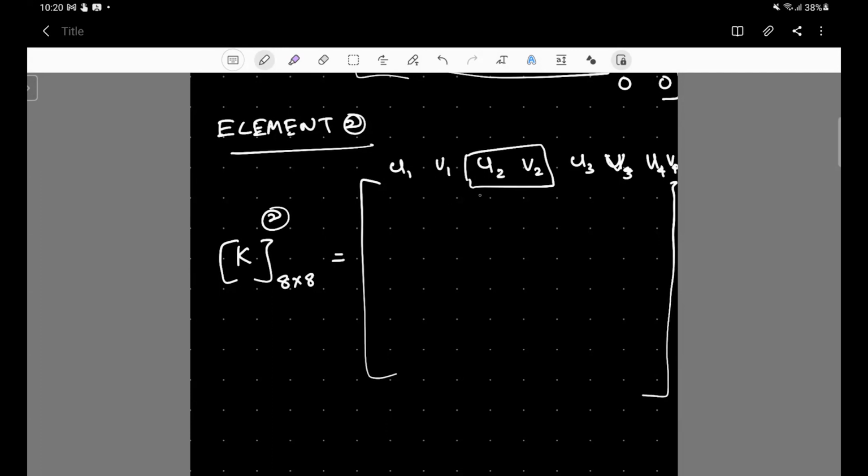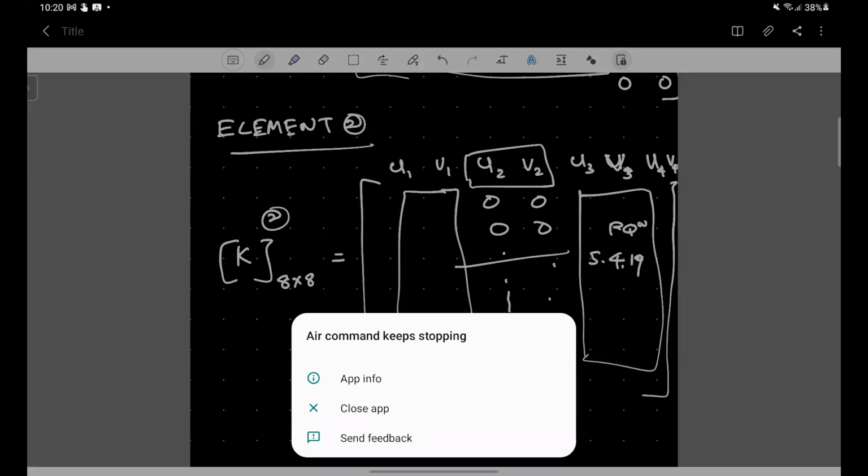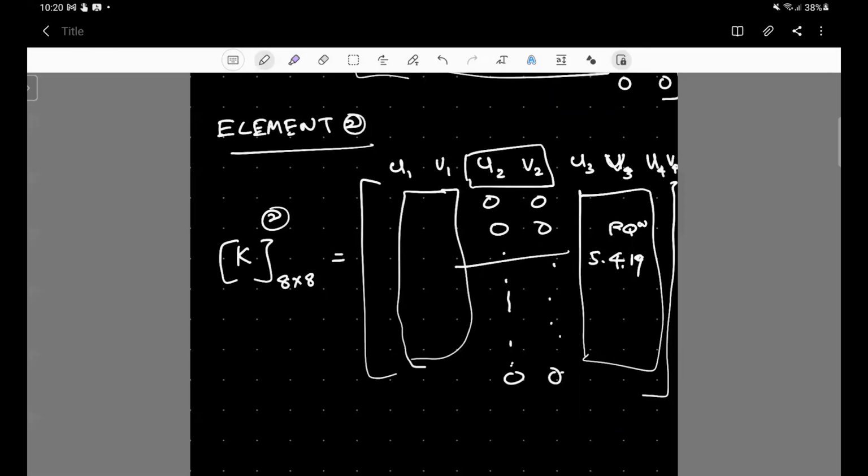So apart from these elements, which are obviously 0 because it has no contribution, the remaining terms can be extracted based on equation 5.4.19. Yeah, you can do it on your own and see whether you get the correct results based on the supporting material that will be uploaded.